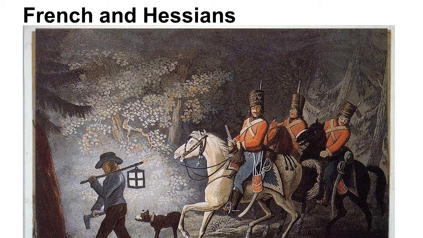The English, on the other hand, since they are in need of more soldiers and other supplies, end up bringing in Hessians. Hessians are German mercenaries, so essentially troops for hire. And Hessians are notable for their fighting strength and abilities, so they are hired by the British to fight for them.